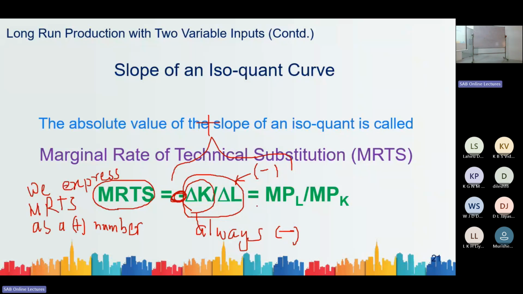Marginal rate of technical substitution also can be measured. There is an alternative way of measuring marginal rate of technical substitution, that is MPL over MPK. So we can measure marginal rate of technical substitution either this way or this way.